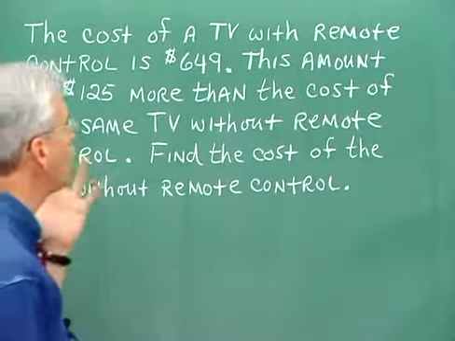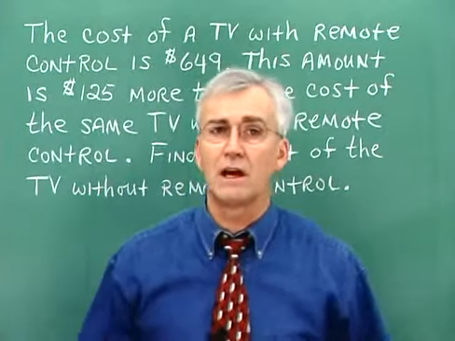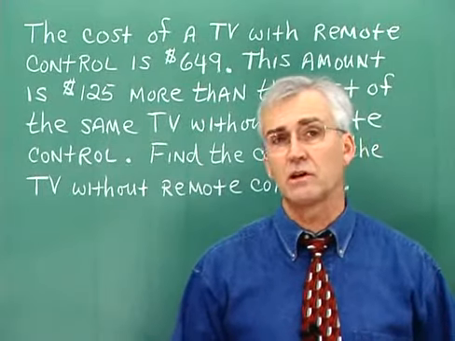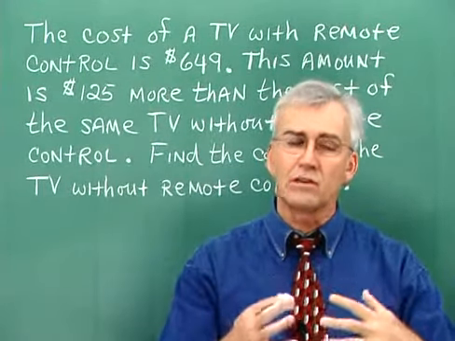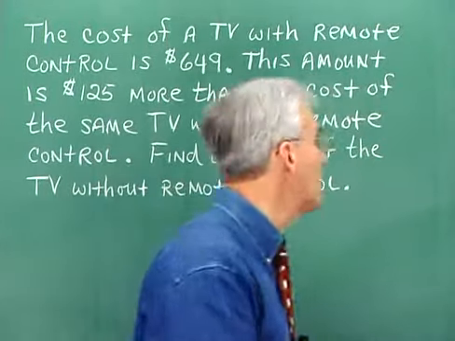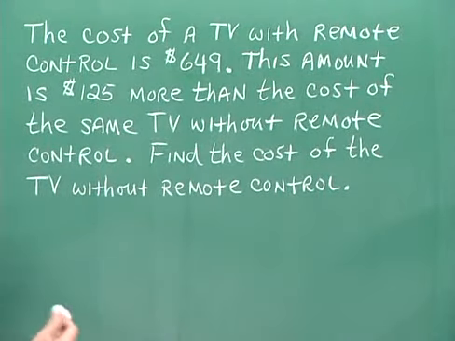You see, you read a problem like this and it sounds awfully complicated until you begin to apply some of the techniques that we just talked about. You see, the interpretation of words and phrases into a mathematical form. And it's the second sentence here that leads us into an equation.